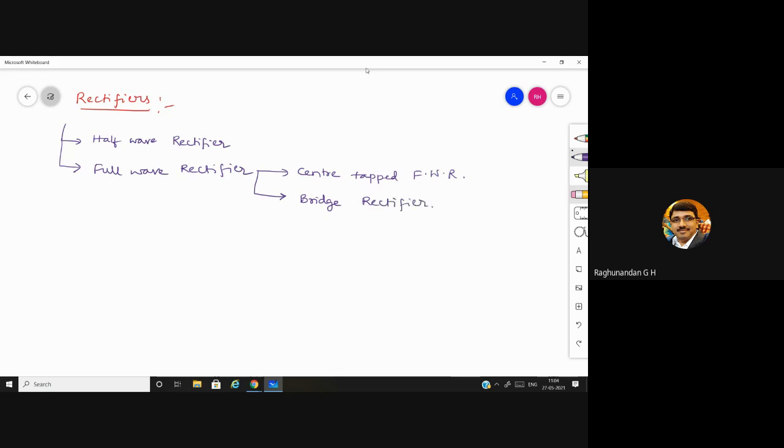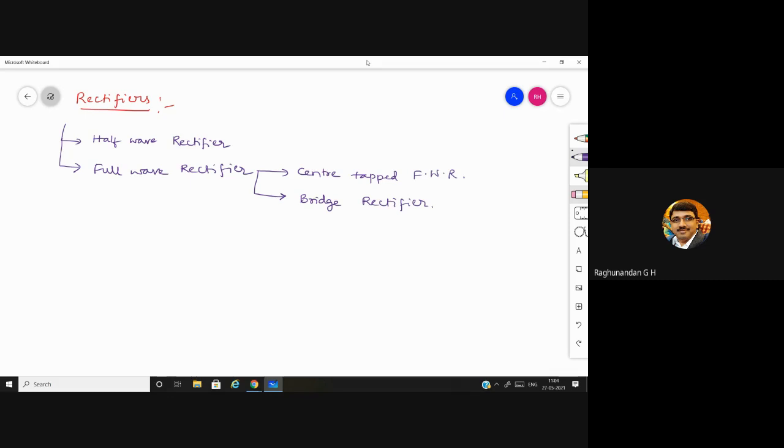Many people have the confusion that rectifiers are of three types. No, rectifiers are of only two types. But in the full wave rectifier, we have two subtypes. Both full wave rectifier types give the same efficiency and perform to the same level.